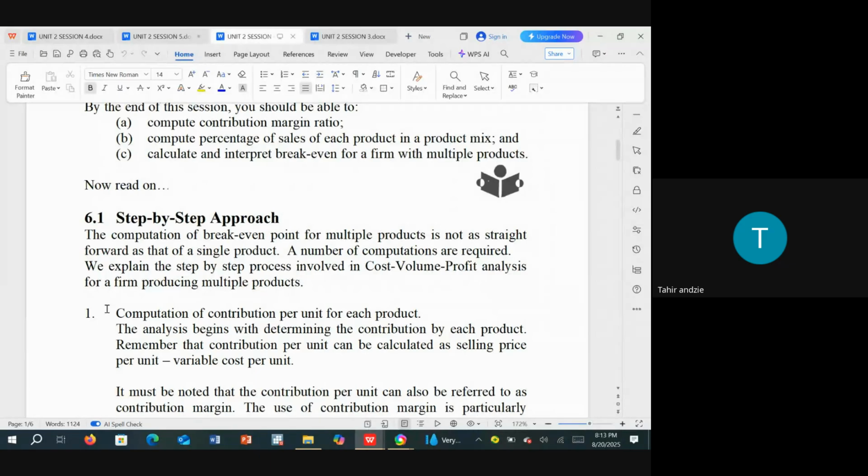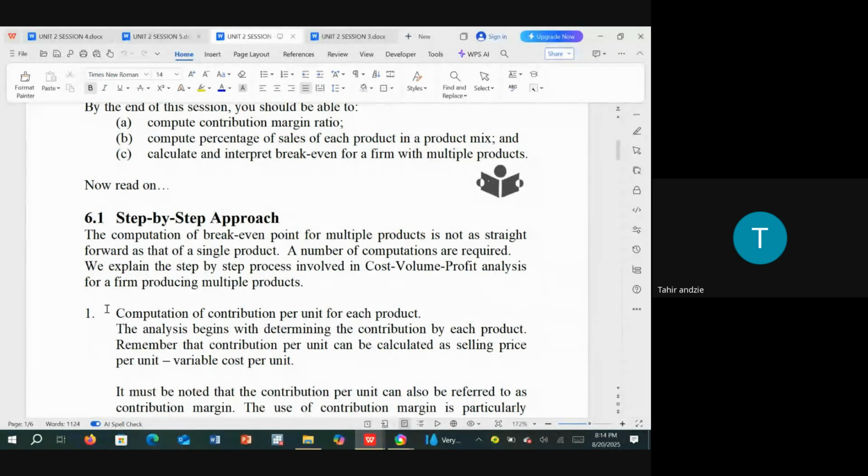And here, the contribution margin ratio for the product is just the contribution per unit divided by the selling price per unit. But in the multi-product, you cannot just divide the fixed cost by the contribution margin ratio for one single product, because the products are many. That is where we are saying that the computation of break-even point for multi-product is not as straightforward as we have in a single product approach.